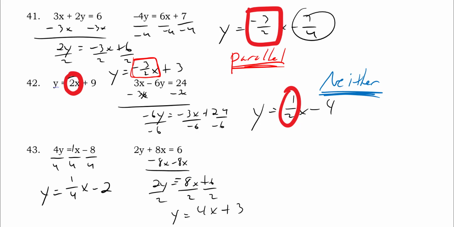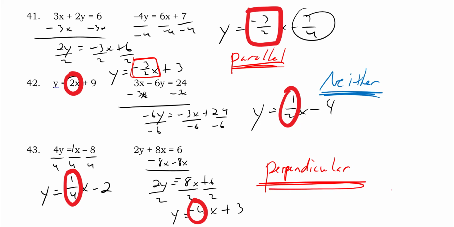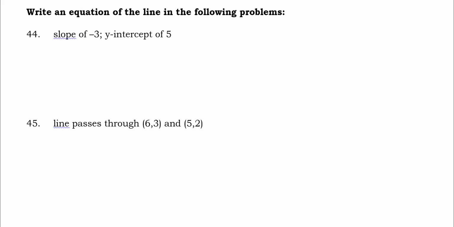I lost my negative there. Okay, so if you look at it, it's positive 1/4 and negative 4. Those are opposite and reciprocal, so these are perpendicular. Okay, so that's what you got to do. All right, cool. Let's keep going on.